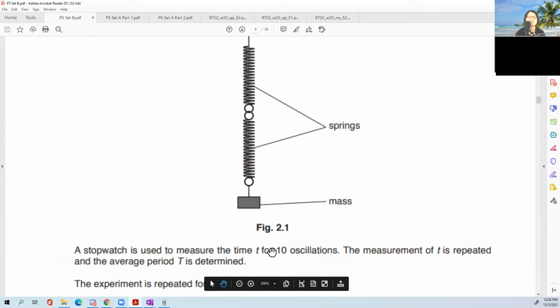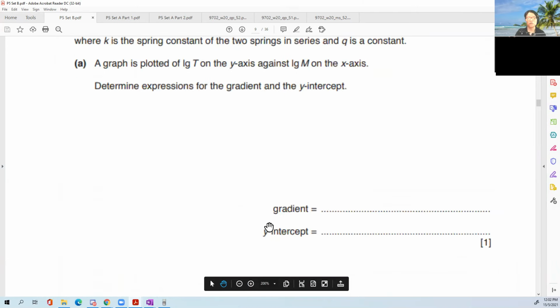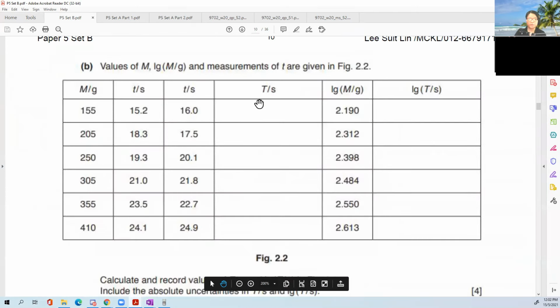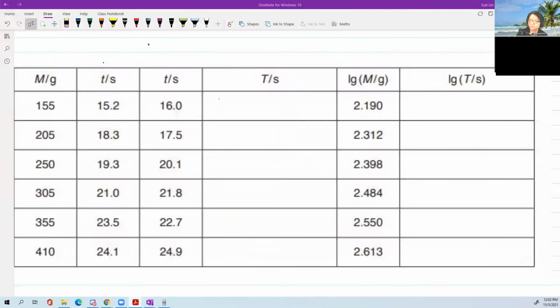This T is the time for 10 oscillations. So you're asked to find the period. To find the period, what we are looking for is the average of these two.